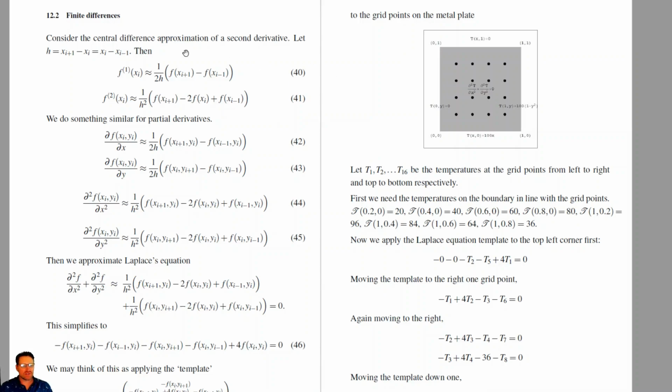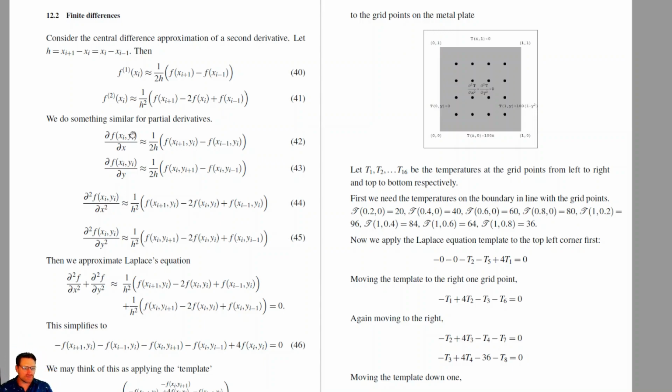Now we can use these two derivative approximations with partial derivatives as well. There's not much difference. With a partial derivative, remember the partial derivative of f with respect to x measures the slope of your surface in the direction of the x-axis, so with a slice that's parallel to the x-axis.